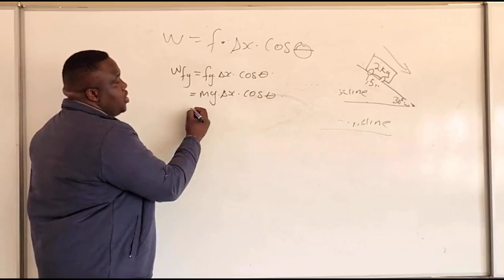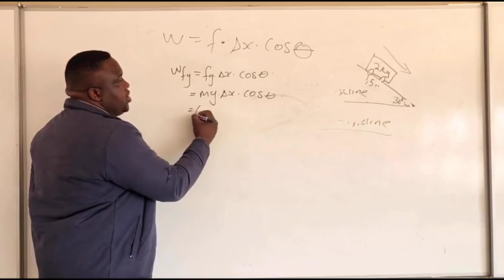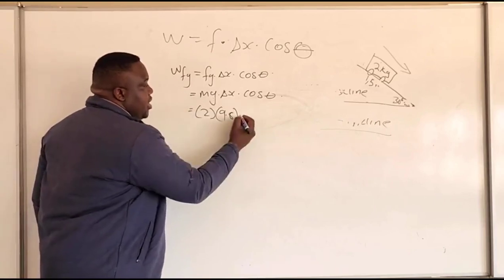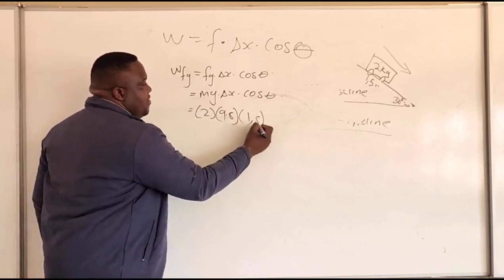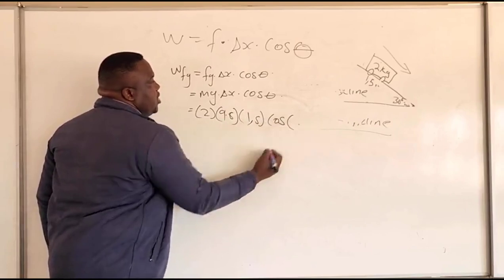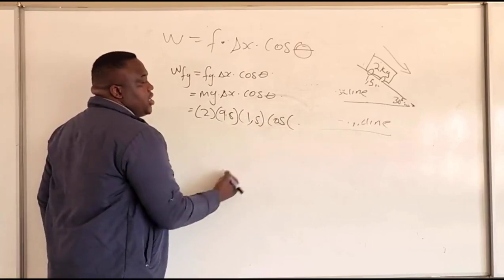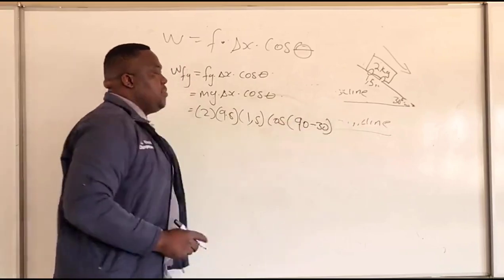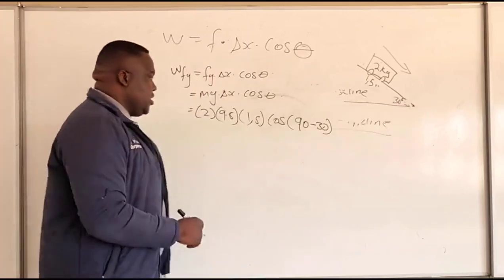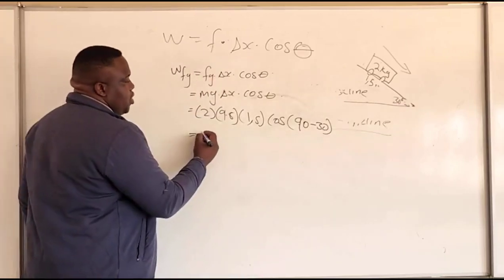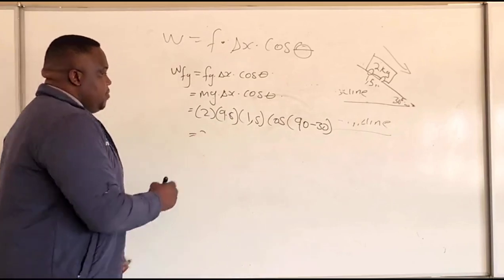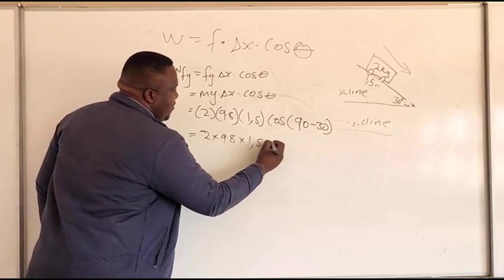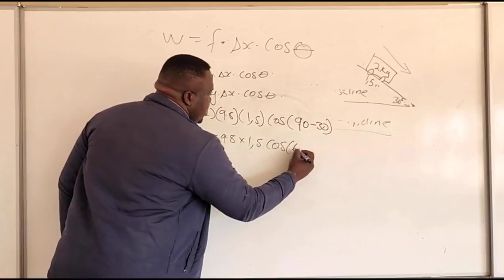So here we're going to have the mass of the object which is equal to 2, gravitational acceleration 9.8, displacement 1.5. Then cos theta. Since the object is going down, we're going to have 90 minus 30, which is this 60. So we have 2 multiplied by 9.8 multiplied by 1.5 cos 60.